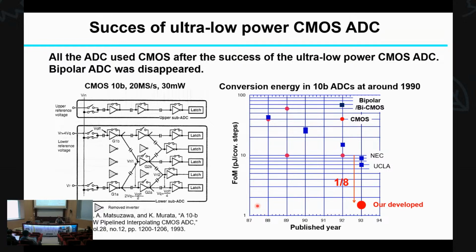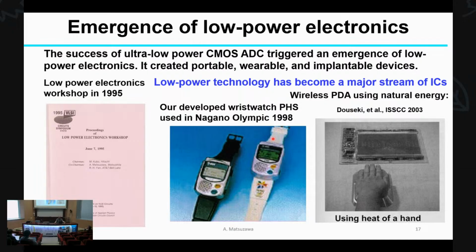So this is the first use of such an energy figure as a performance measure. And the success of this ultra low power CMOS ADC triggered the emergence of low power electronics. Low power electronics became a major stream of IC, of course.